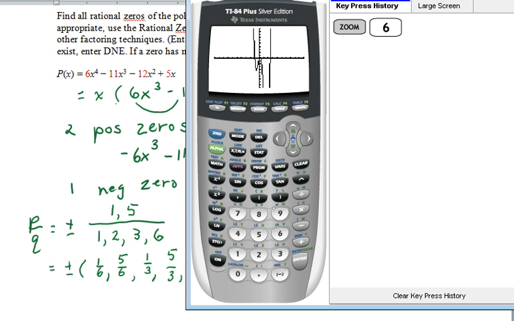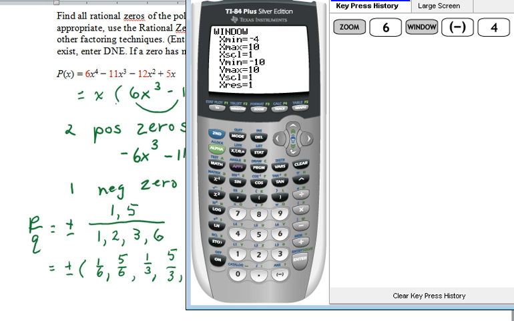Let's focus on that negative real zero to start with. Let's adjust our graphing calculator to a y min of -4 and a y max of 4.